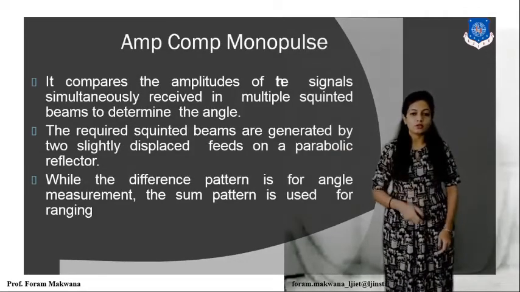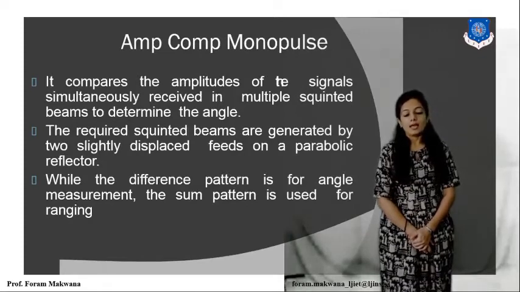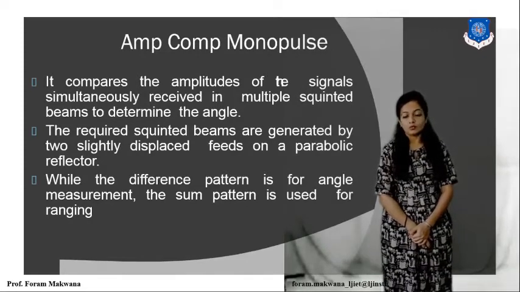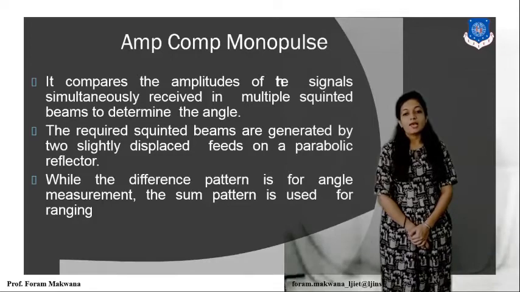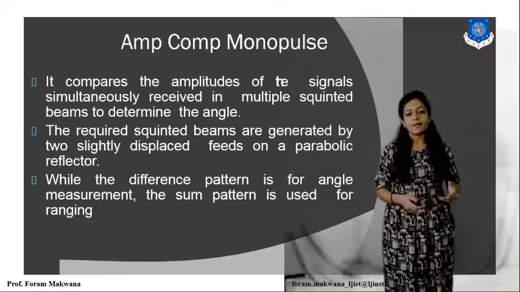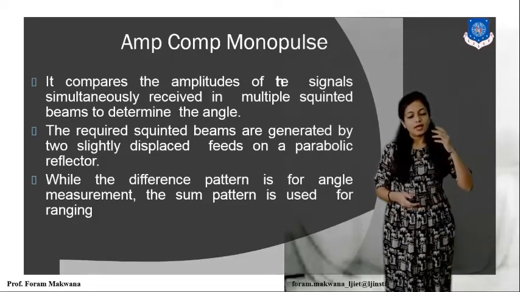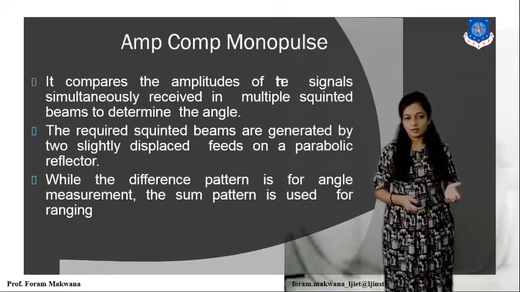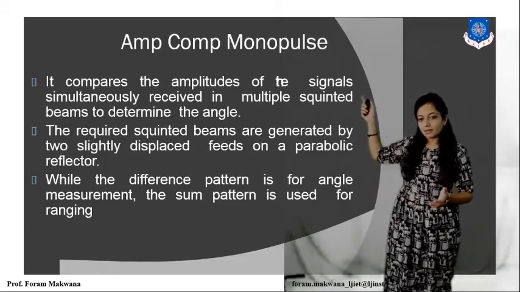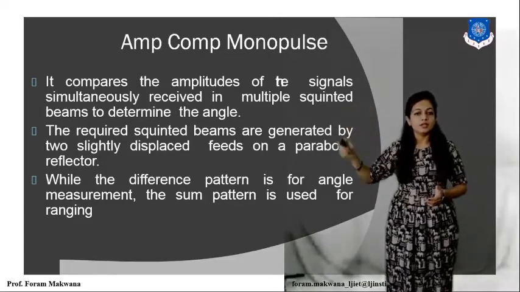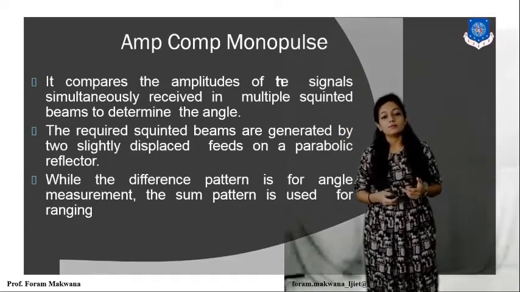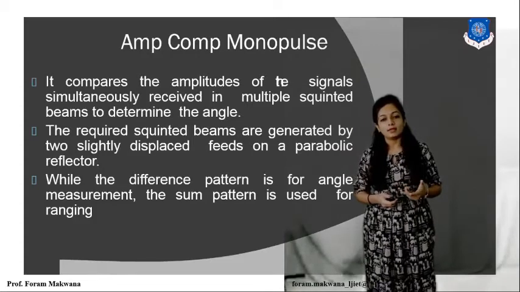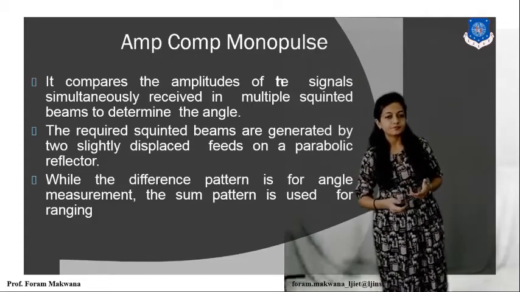So let us focus on amplitude comparison monopulse. As its name suggests, it compares the amplitude of the received echo signal simultaneously received in multiple squinted beams, determining the angle, right?